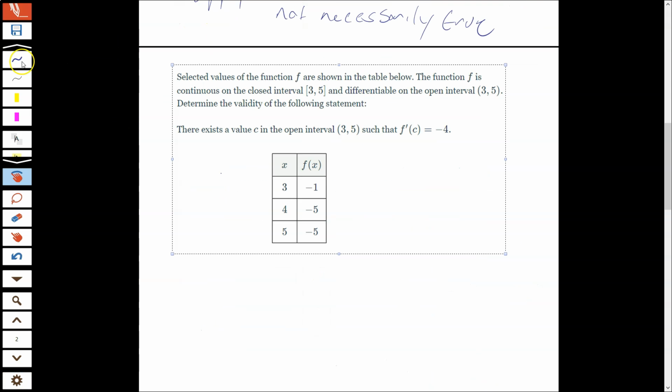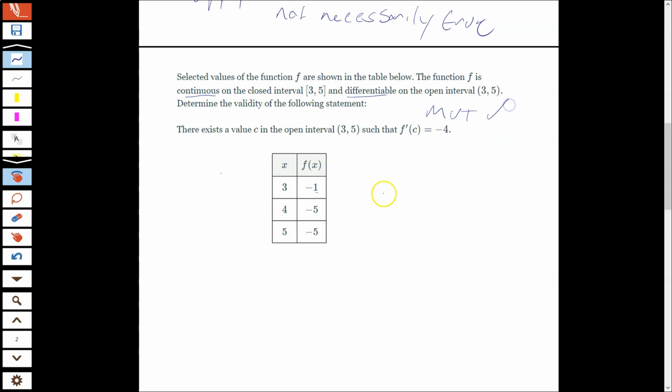So we'll look at a couple more. Here's an example where the mean value theorem does apply. It says that f is continuous on the interval and also differentiable on the interval. So continuous, differentiable, that means the MVT does apply, which is good. Then we're just going to double check the average rate of change here.